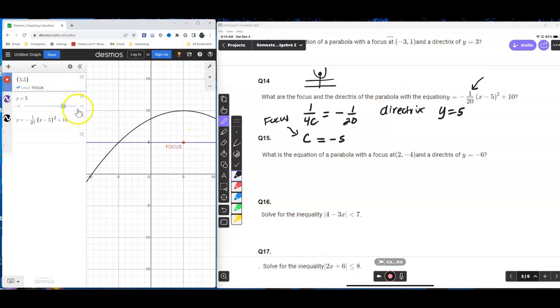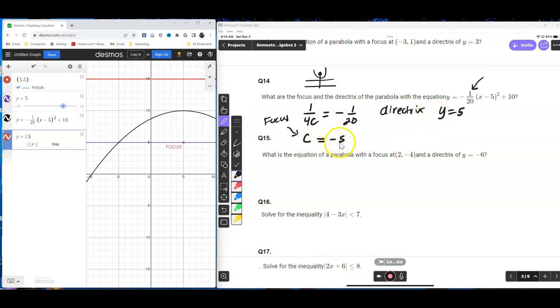So how did I get here? Well, I went 5 units to the right and then 10 units up, and that's how I got to the focus. The directrix was at 5, now it has to be at 15, so we have y equals 15. Basically you have to adjust by applying the transformation.